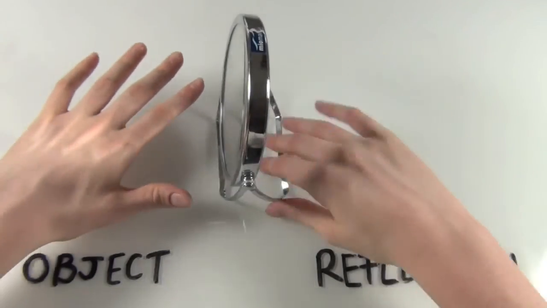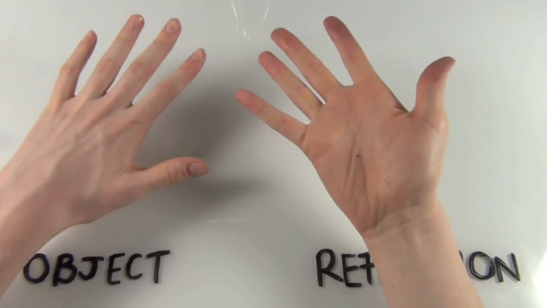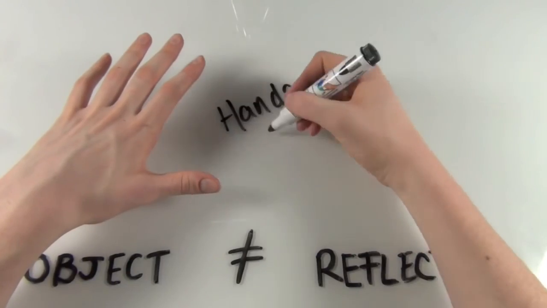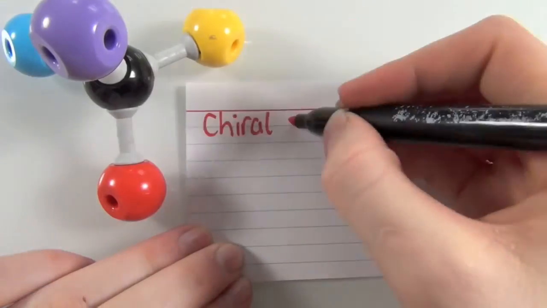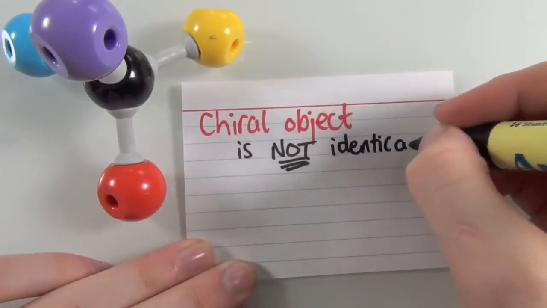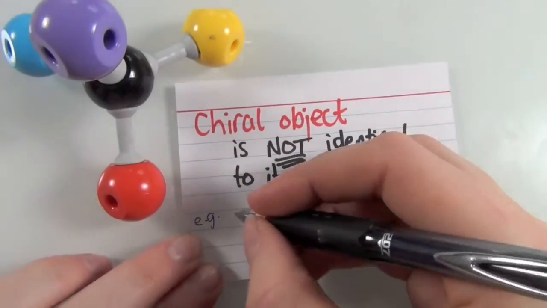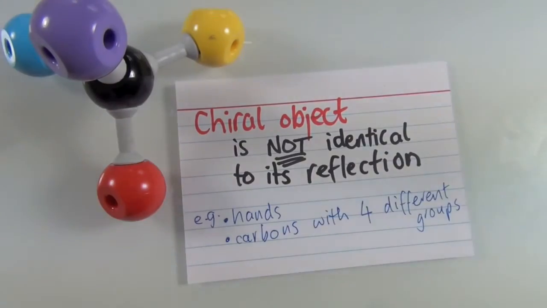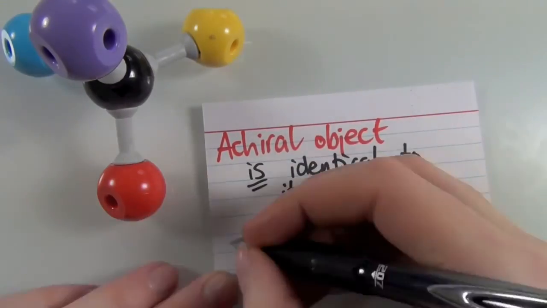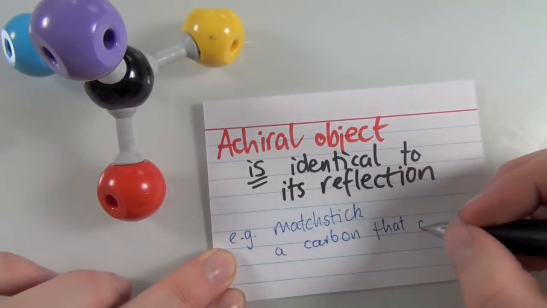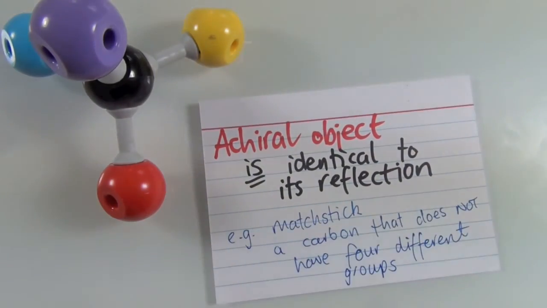And finally, we have the famous example of hands. My left hand is not the same as my right hand, which makes my hands chiral. So to sum up, a chiral object is not identical to its reflection, and an achiral object is identical to its reflection. Okay, so I hope you now understand the difference between chiral and achiral objects.